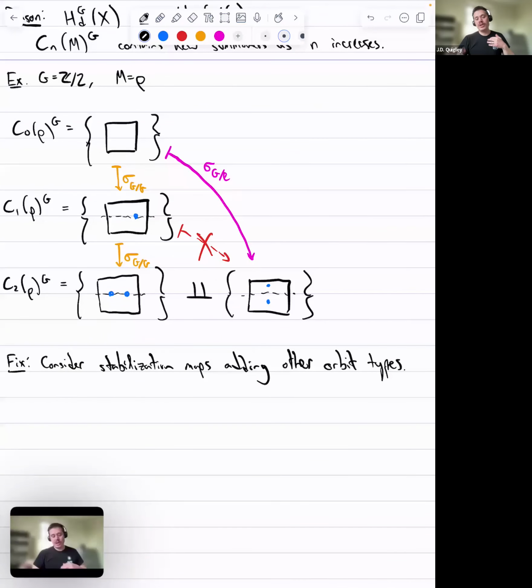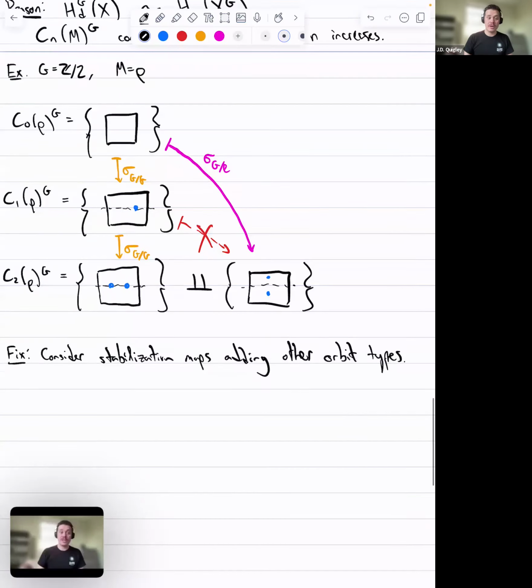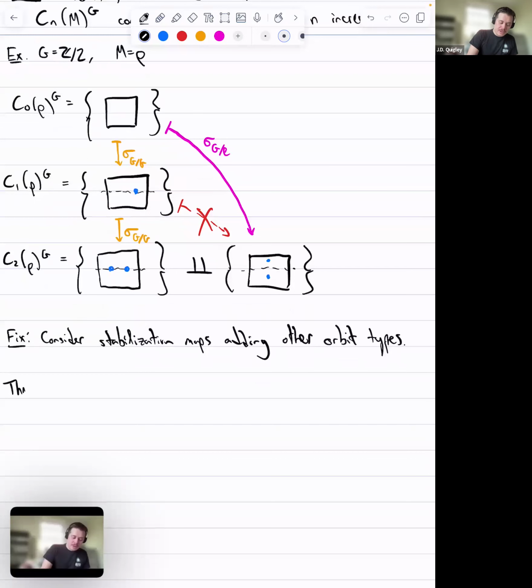Okay, and now you have to do a little bit of work to say precisely what it means to add a free orbit or to add an orbit of the form G mod H. And that translates into a bunch of conditions on the boundary of the manifold that M is the interior of. So let me tell you the theorem.